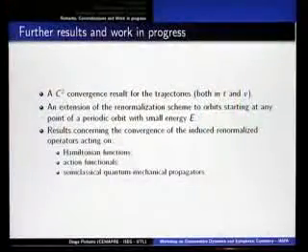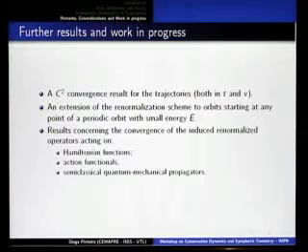Okay, so what are we doing at the moment? What have you done? So we have proved a C2 convergence result for the trajectories. So what I've shown you is a C2 convergence result. So you can get sharper estimates and change the topology to C2 to get a better control on the derivatives of these asymptotic trajectories.